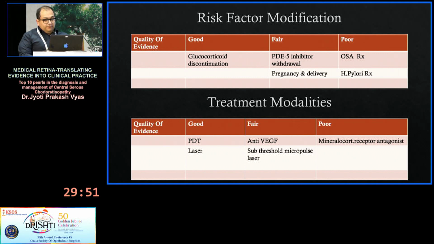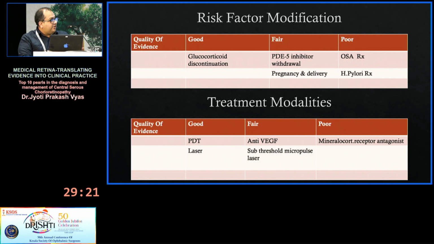In the risk factor modification, the quality of evidence was extremely good for glucocorticoid discontinuation. So if you discontinue glucocorticoids, an improvement in CSR is definitely seen, whereas pregnancy and delivery and phosphodiesterase inhibitor withdrawal had only a fair amount of evidence that they really worked in this treatment.